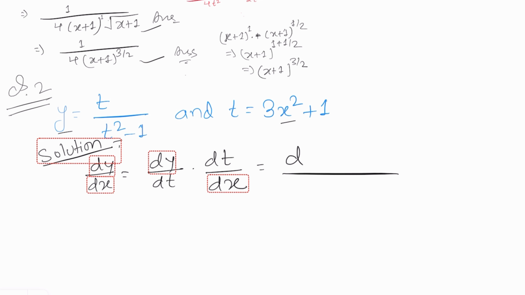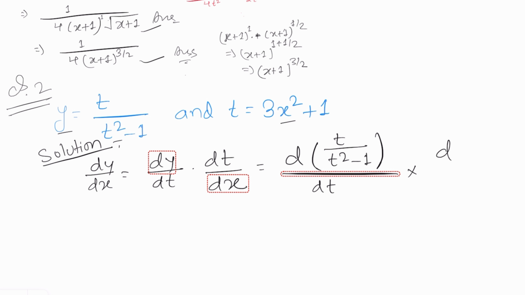So in place of y we have y equals t upon t square minus 1. Again it looks like it's in the form of u by v. Again multiply by dt, in place of t we have 3x square plus 1 upon dx.